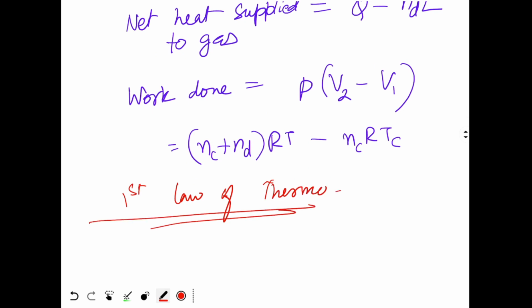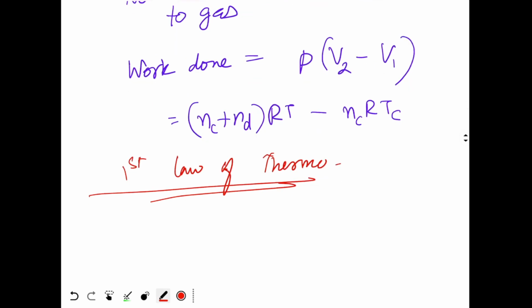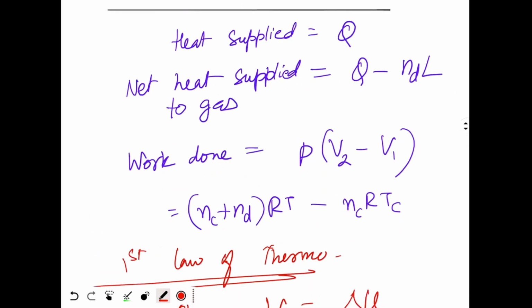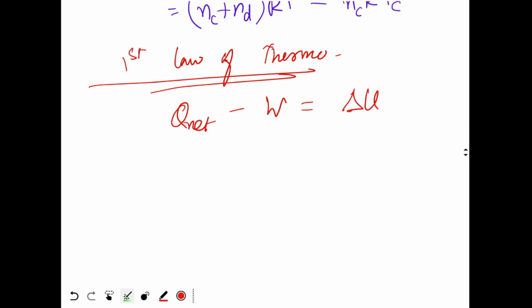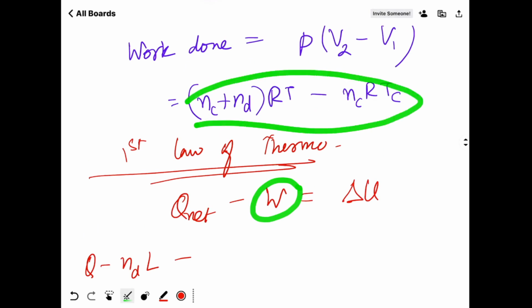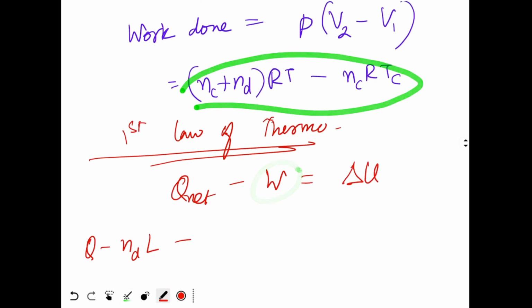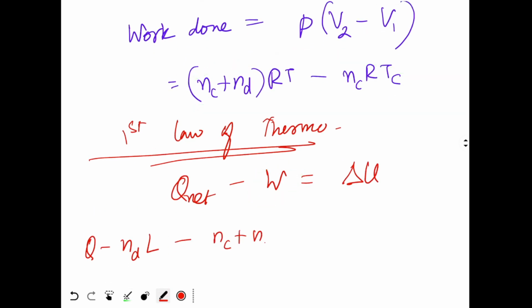First law of thermodynamics, what does it say? That the net heat supplied minus work done by the gas is equal to change in internal energy of the system. Okay. So net heat supplied is how much? Q minus ND L. Q minus ND L minus work done is how much? This is the work done. So because we have a minus sign in the front, so minus (NC plus ND) RT plus NC R Tc.